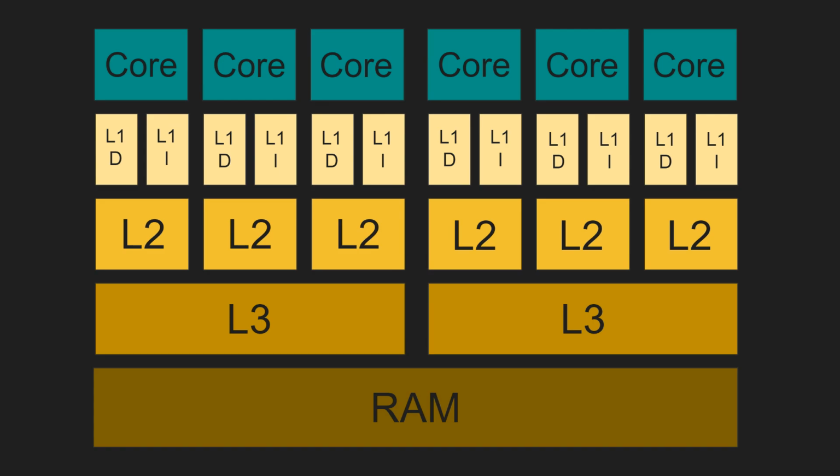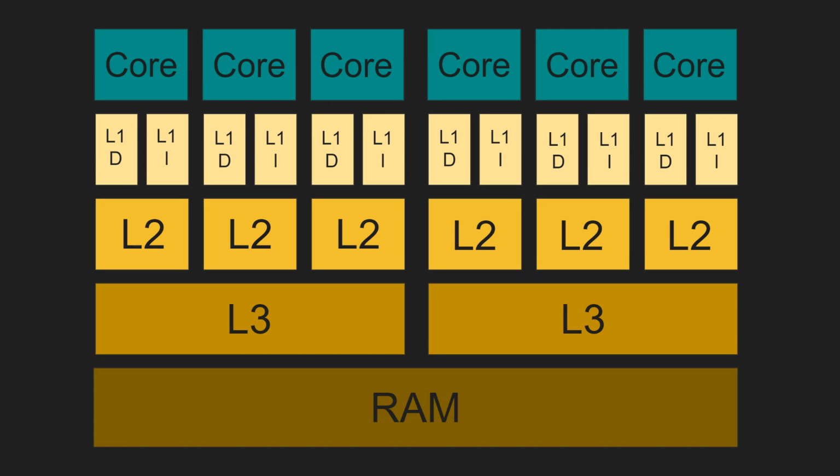Typically, a core will have access to multiple levels of cache, and right now it tends to be 3 different levels of cache, but in the future, who knows, maybe it'll go up to 4. The first level of cache is the L1 cache, and typically this is split into an L1 data cache versus an L1 instruction cache.